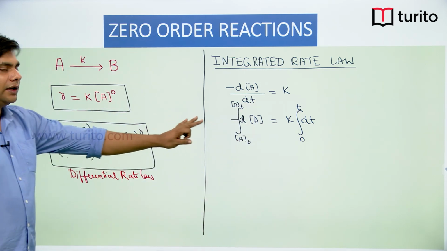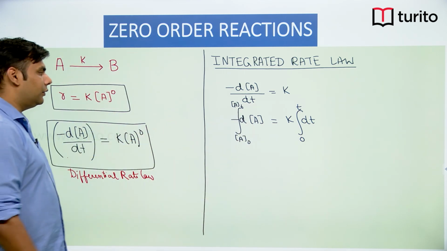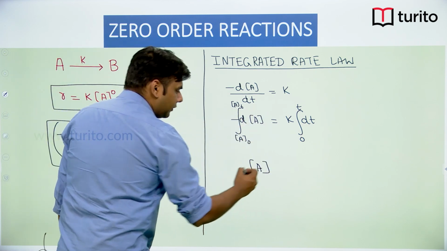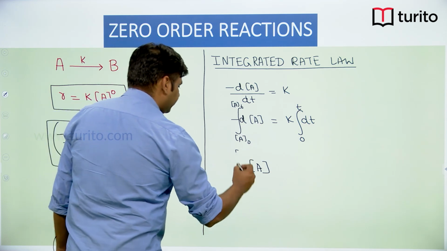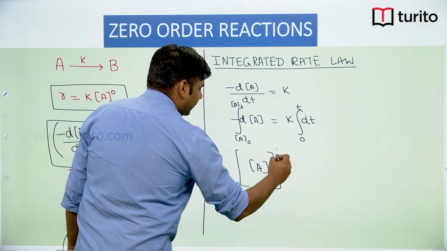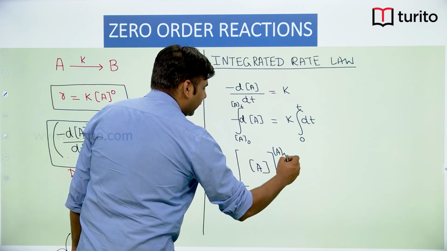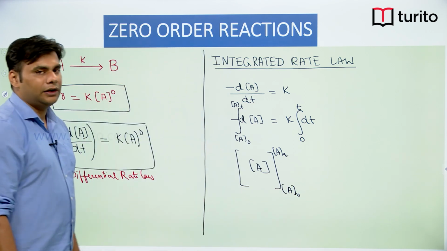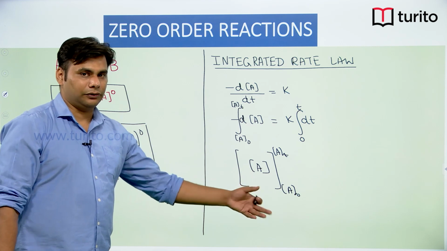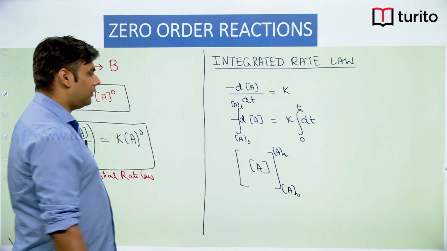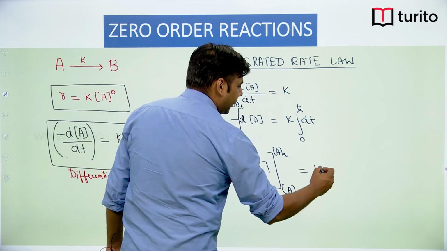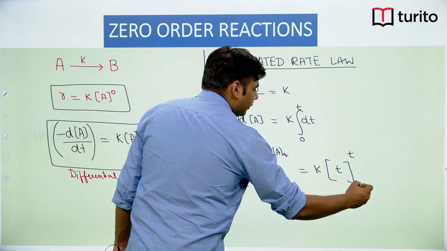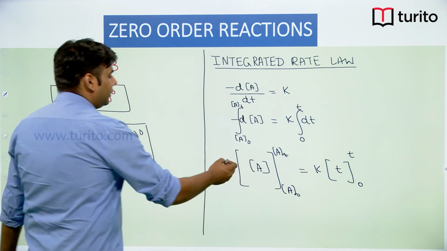So this is the basic integration that we have to solve. We know that integration of dA would be A, and the upper limit over here is At and the lower limit is A naught. The square bracket is just representing the concentration. We could have written A also, but the square bracket indicates it is a concentration term. So this will be k, integration of dt is t, upper limit is t, lower limit is 0, with a negative sign.